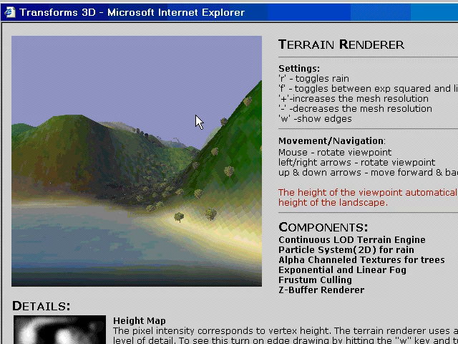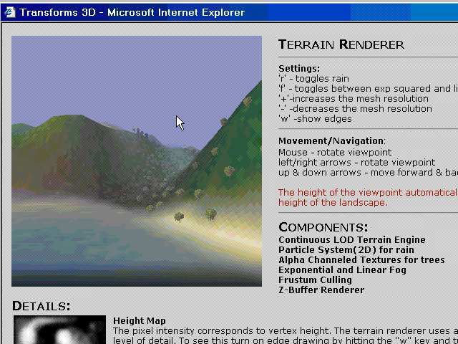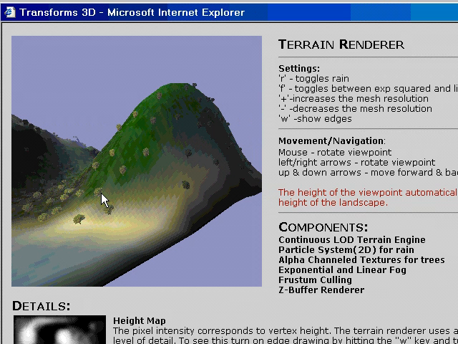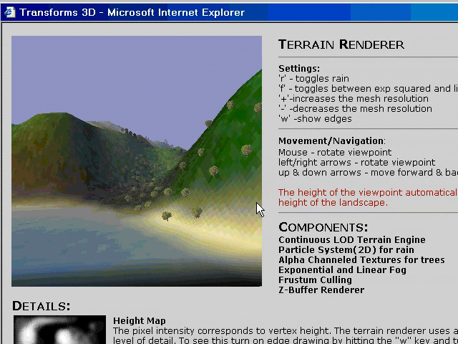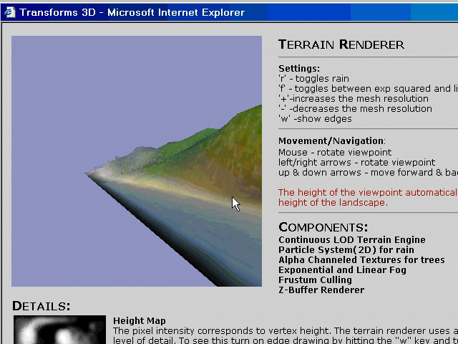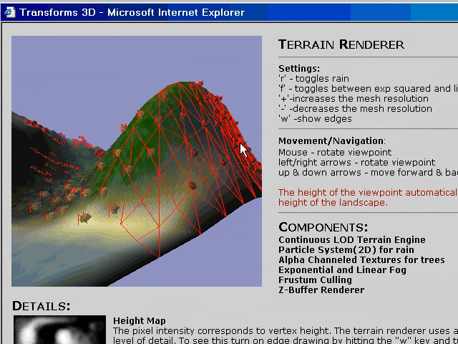F toggles between the different kinds of fog. It's one kind of fog and another kind of fog. You can increase the resolution. And I guess, since I moved it with my mouse, it actually is rendering on the fly, which is pretty cool in the Java applet. And W shows the actual triangles that are used to generate the surface. That's pretty cool. You can do a lot in Java.